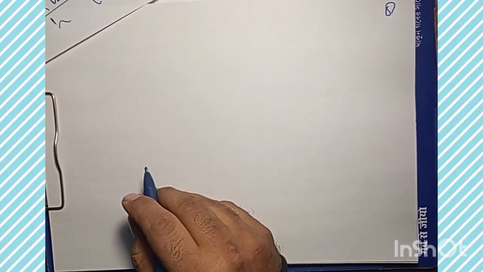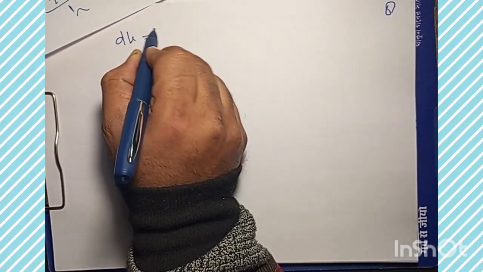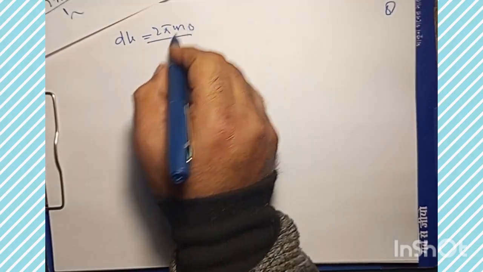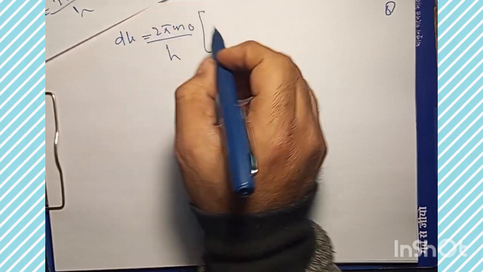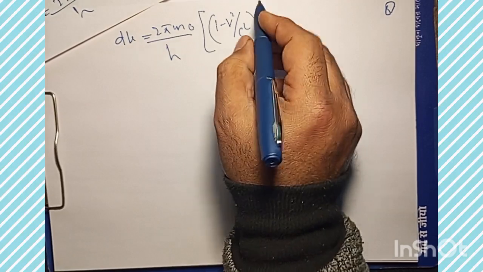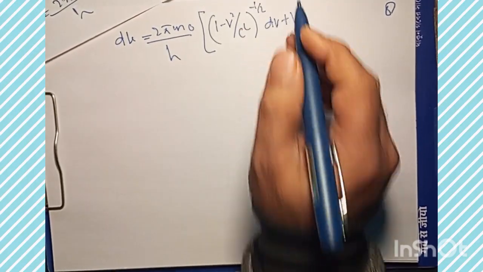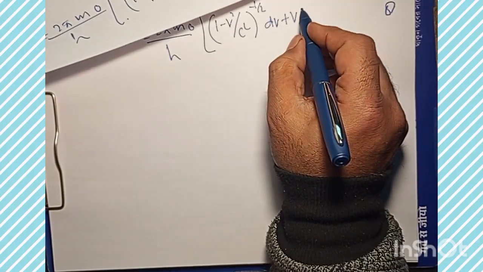All right, so what we have here is dk equal to 2 pi m naught by h times (1 minus v square by c square) raised to the power minus 1 by 2 dv, plus v as its. Now the differentiation of this, what will that be?